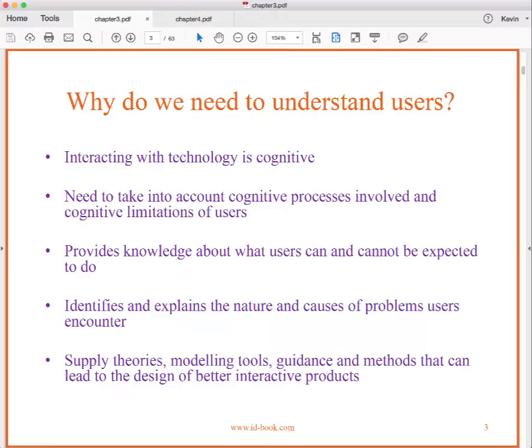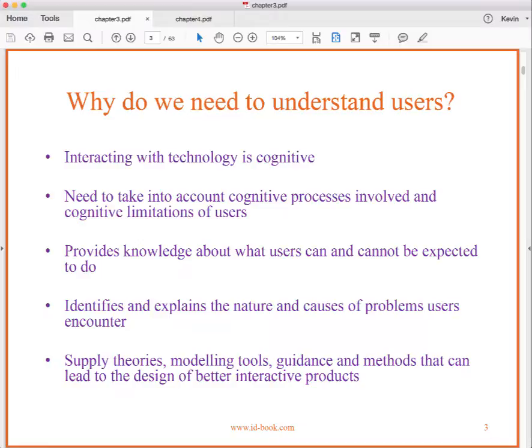Okay? And I just want to say here that this is really in keeping with the theme of the approach we have in this course, is we want to go beyond tips and tricks. Popular wisdom about good user interfaces is very tips and tricks oriented.